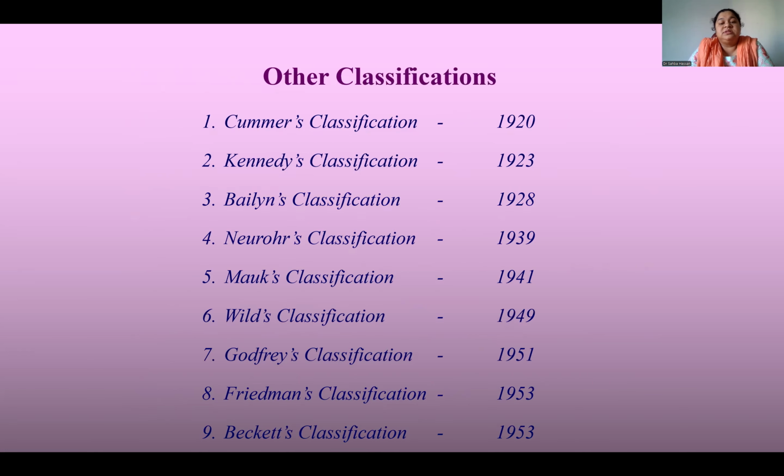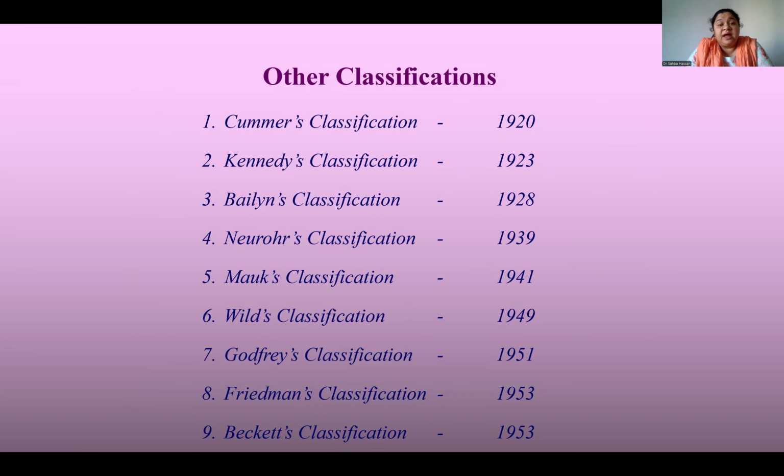See, students, these are the classifications, very important. You should know at least the names, but Kennedy's is overall accepted. Mostly we follow Kennedy's classification, but there are a few cases where this cannot be done with Kennedy's, then we go with Cummer's or others. But universally accepted in all of India, in most colleges, is Kennedy's, and in other places also it's the same.